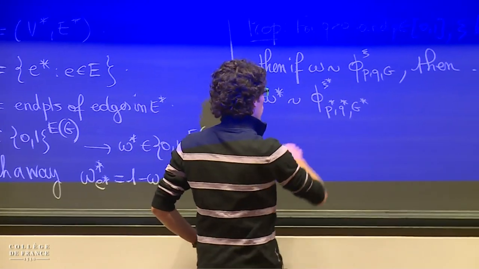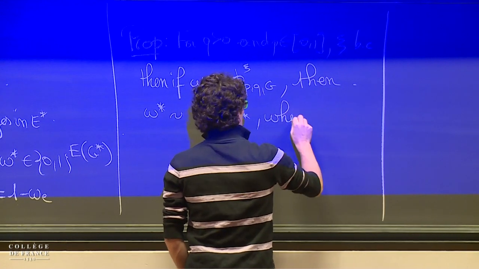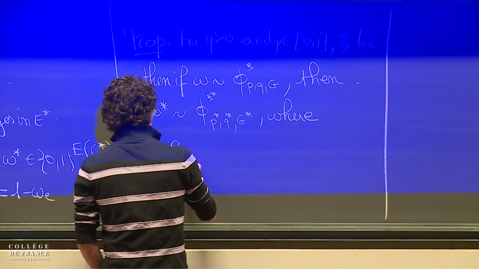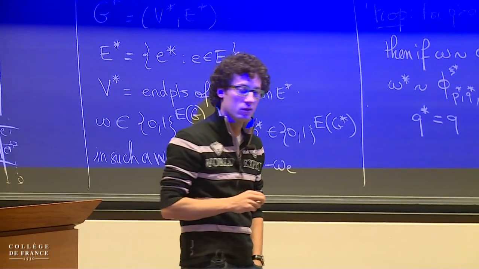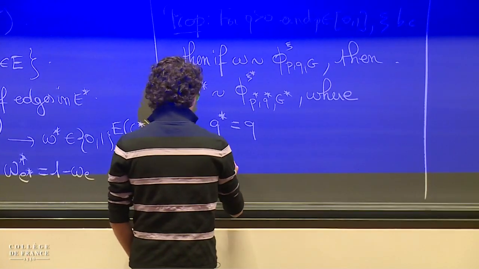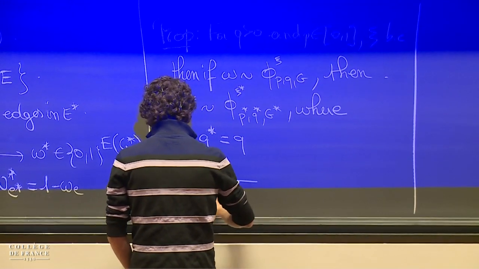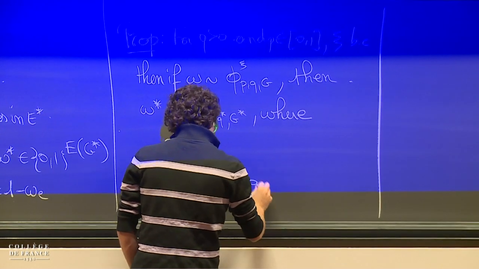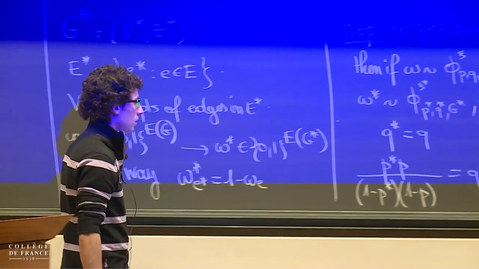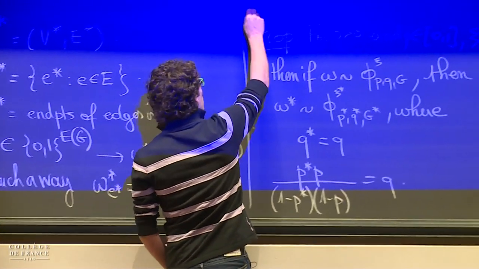Then I need to tell you what p star and q star are. q star is very simple. It's just q, so the cluster weight doesn't change. And p star satisfies the following relation: p star times p divided by (1 minus p star) times (1 minus p) is equal to q.